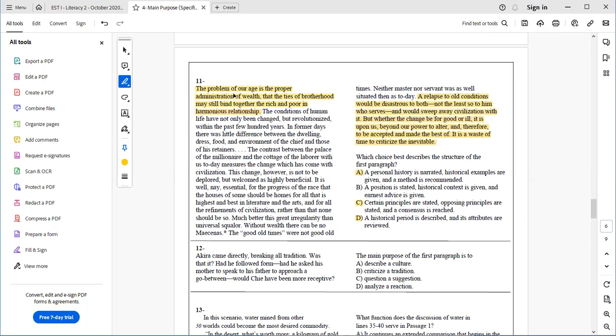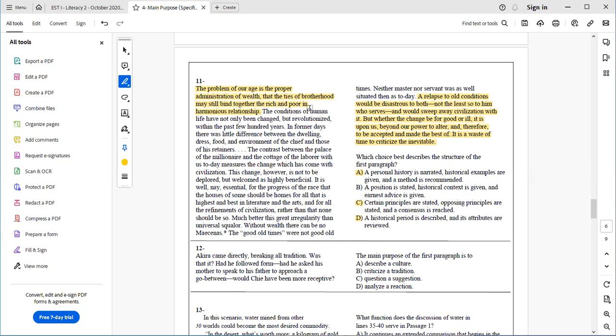He said, the problem of our age is the proper administration of wealth, that the ties of brotherhood may still bind together the rich and poor in harmonious relationship. The last one, a relapse to return to old conditions would be disastrous to both.